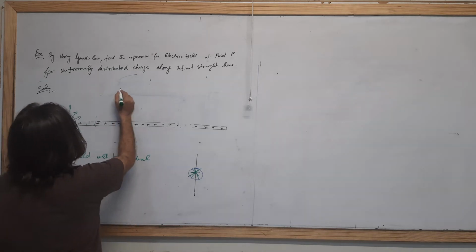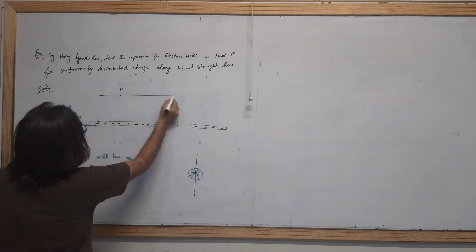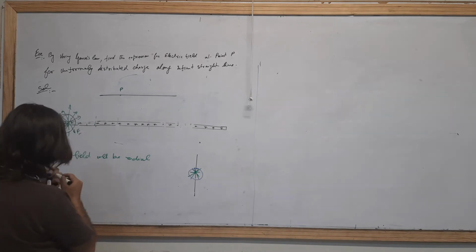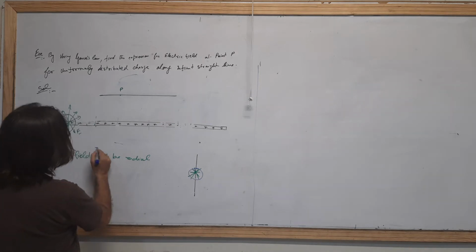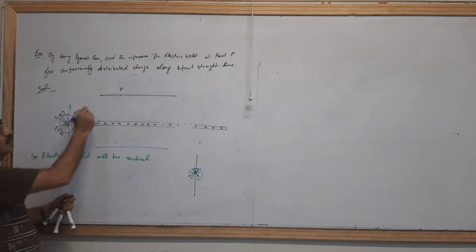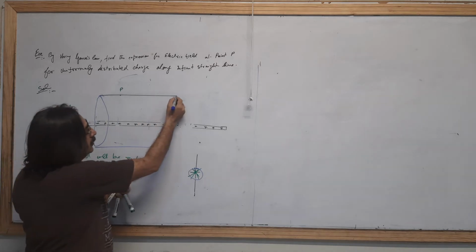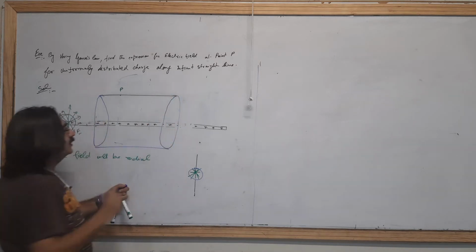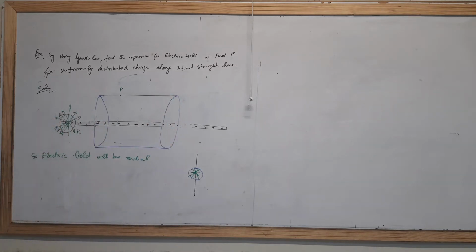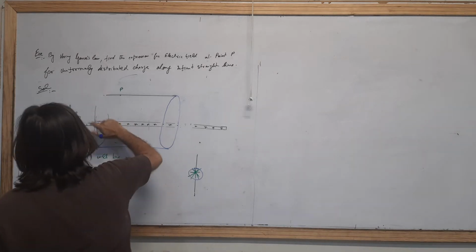If this is point P, where we want to find the electric field intensity, then for the Gauss's surface I have to consider, because the field is making a circle, this as the Gauss's surface around the line. I think the drawing is not coming out well. This is the Gauss's surface.